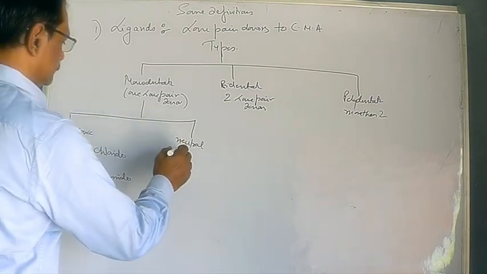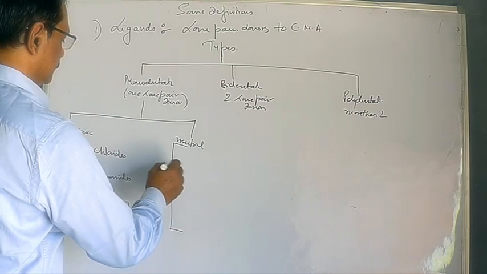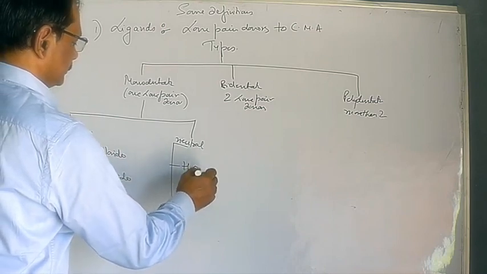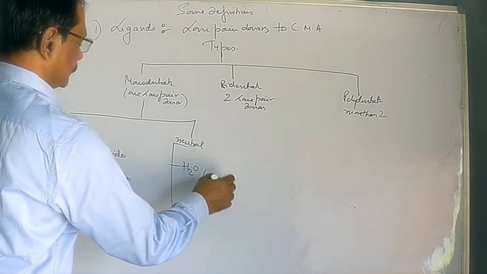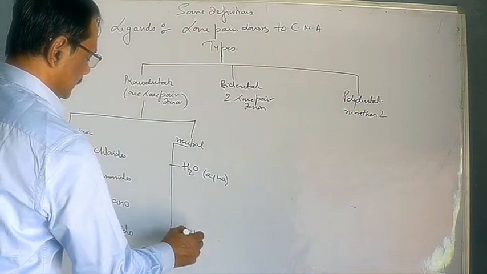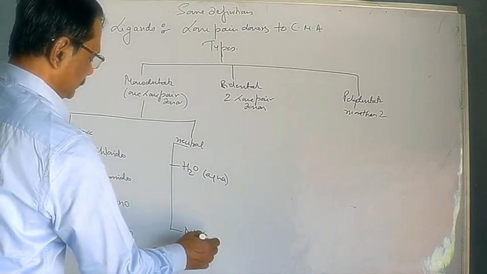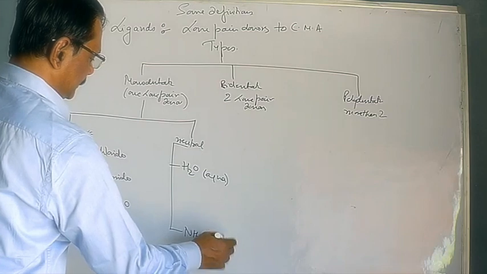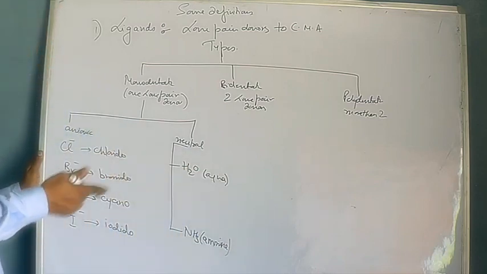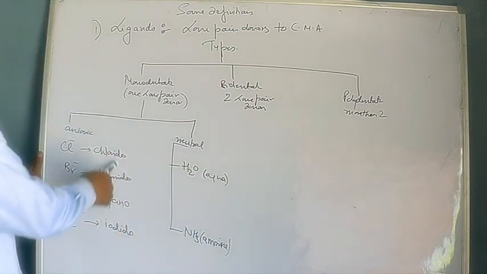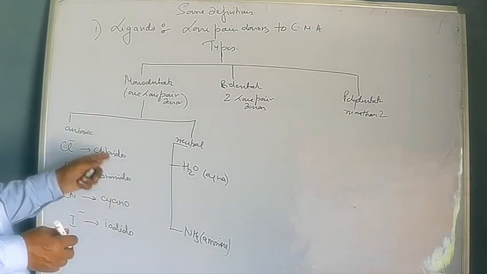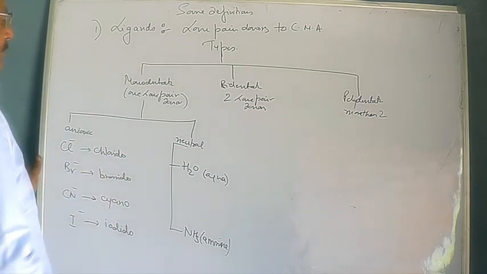Monodentate neutral. We have 2 examples here. Water called aqua and ammonia called ammine. Why am I writing their names? Because while writing their IUPAC names, these names will be followed. So go on remembering this, very important.